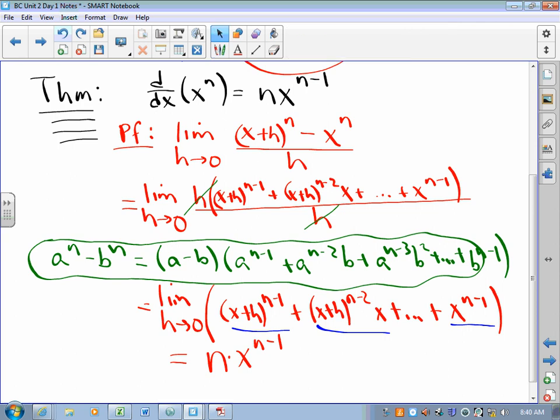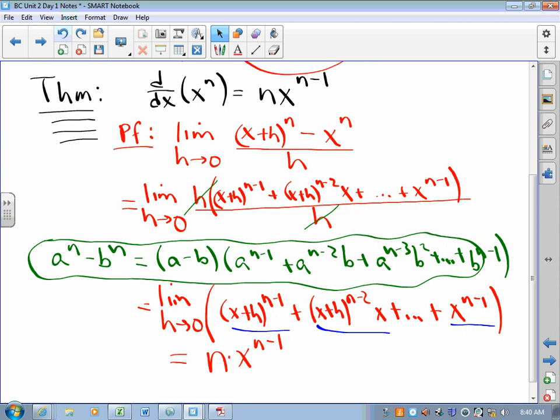Now, you do not have to prove things like this. That's not part of our course. But you do have to know two things. One, you have to know that it comes from somewhere, that the definition of derivative works.